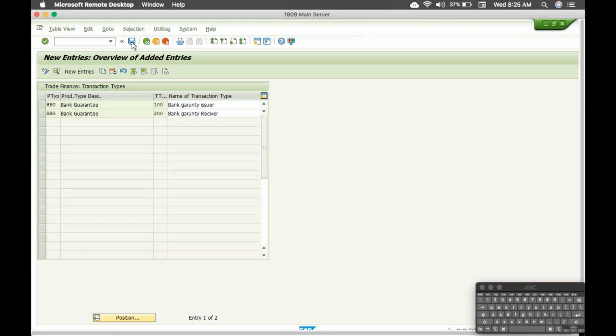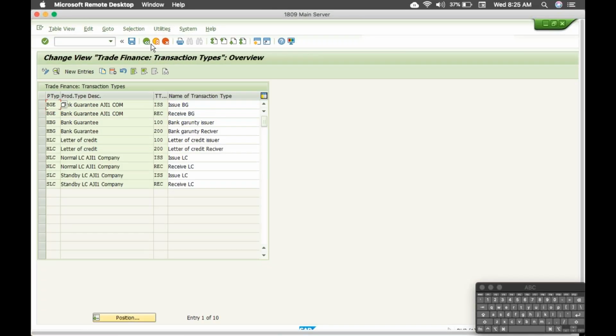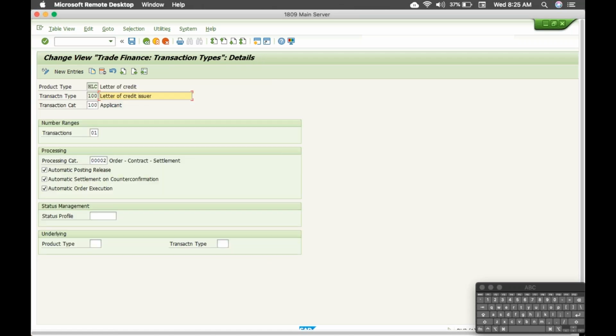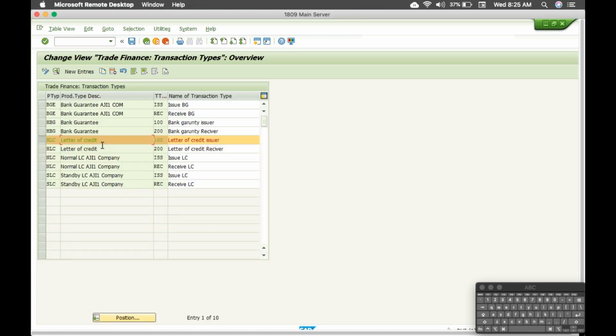Save it. Now see, again come back. So let's take letter of credit. In the letter of credit, who is the issuer? I am the issuer. Who is going to receive? I am the applicant who is going to create a letter of credit. So who is going to receive it? Banker is going to receive it, and then it will deliver to the vendor.